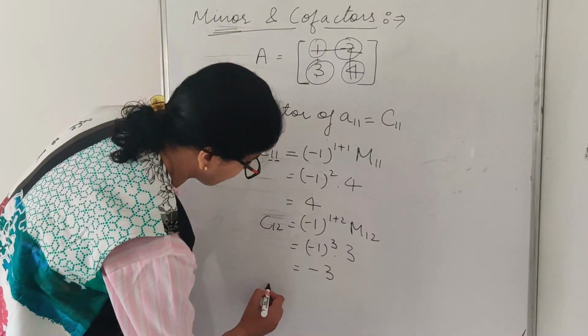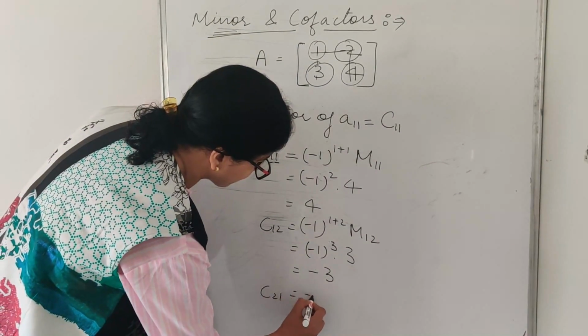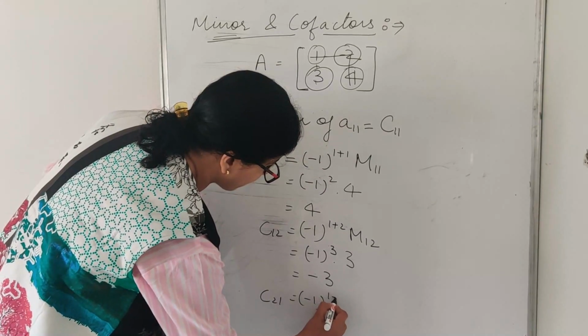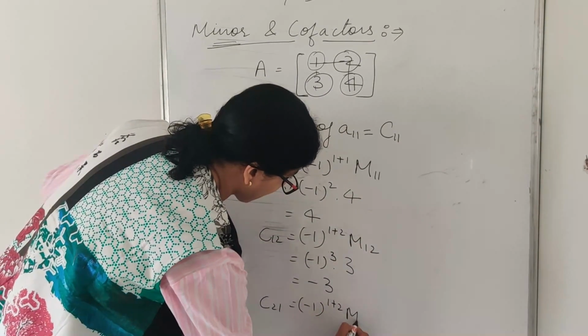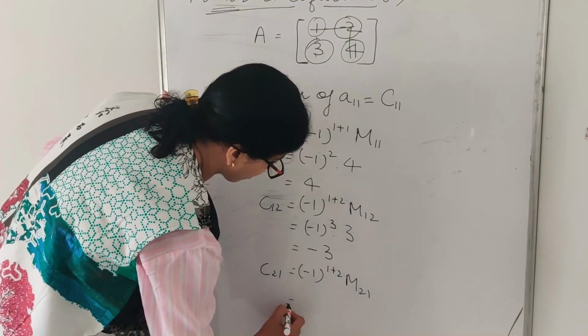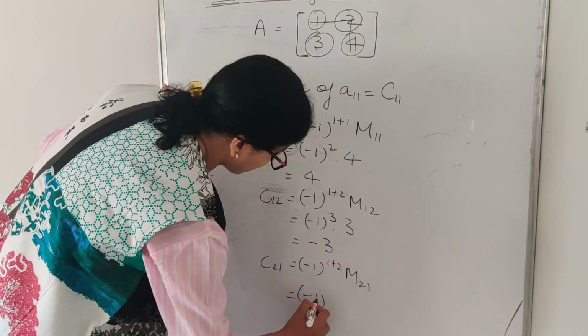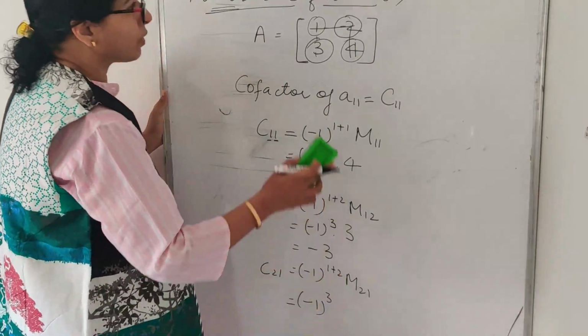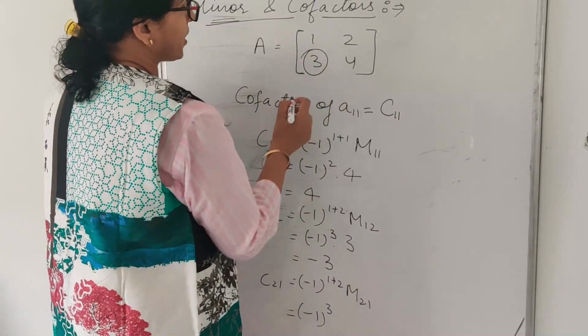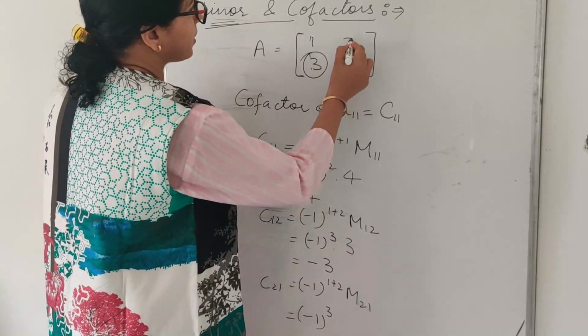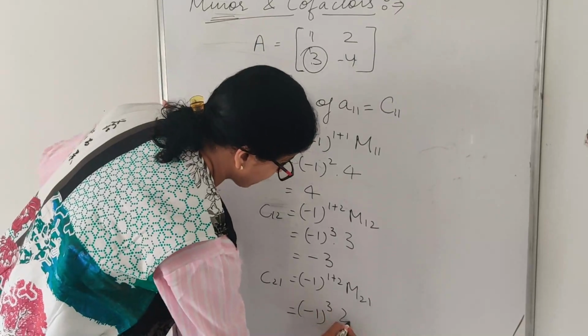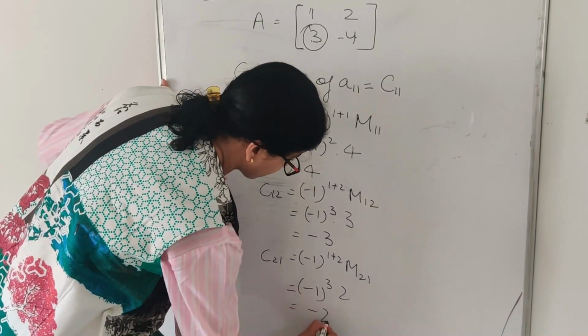Okay. Now if I take C21, it is minus 1 to the power 2 plus 1, M21. Okay. Minus 1 to the power 3. What is my M21? Check this. So M21 is 2. So write there 2, which is equal to minus 2.